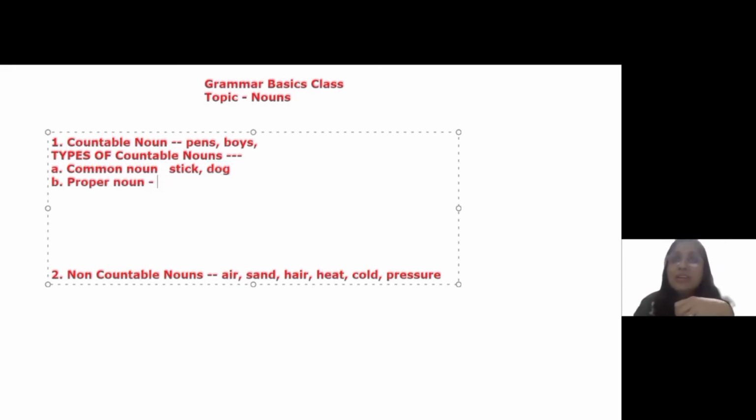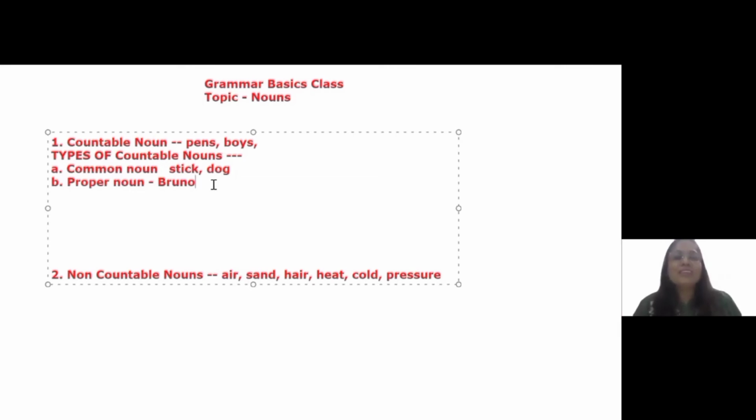So when I give a name to a particular common noun, it becomes a proper noun. Suppose the name of my dog is Bruno. Now, Bruno is both a dog as well as the name of that dog is Bruno. So, technically speaking, when we take one from the common noun and give it a name, it becomes a proper noun.